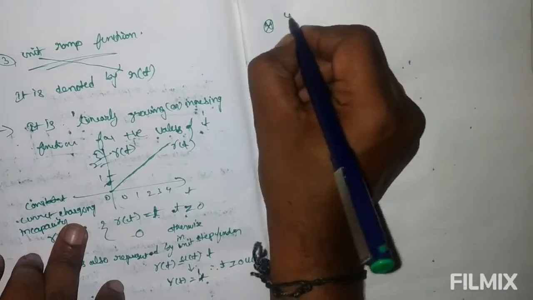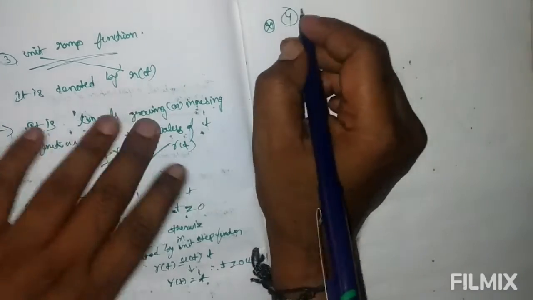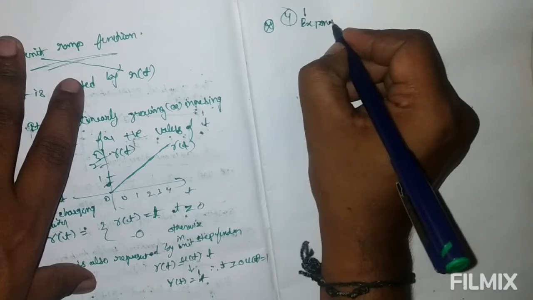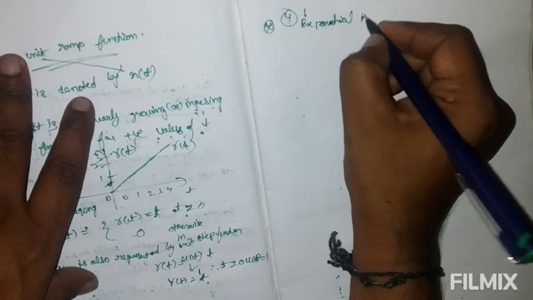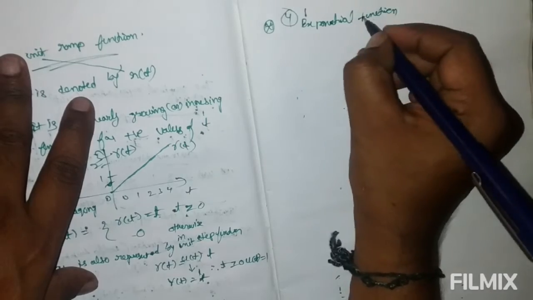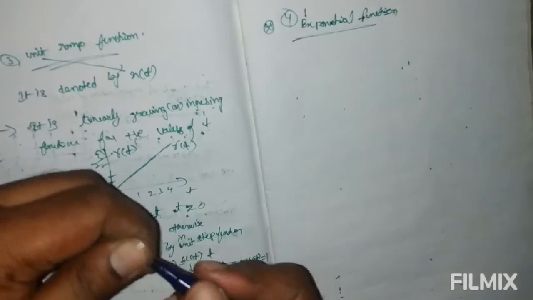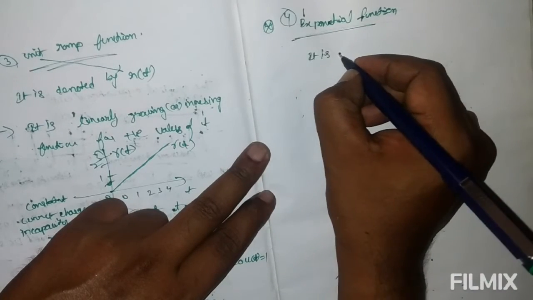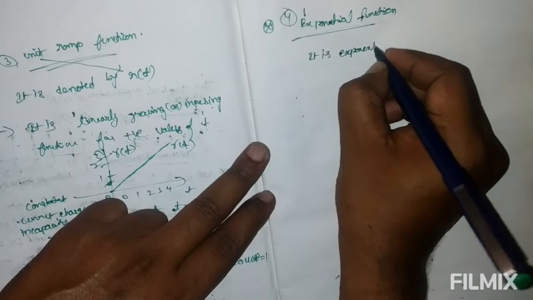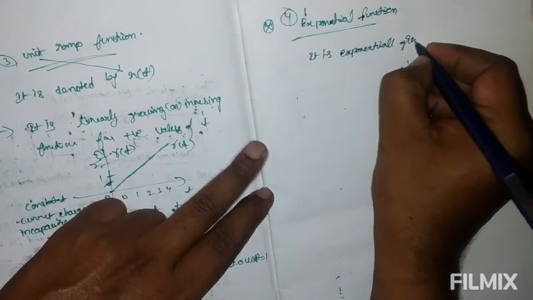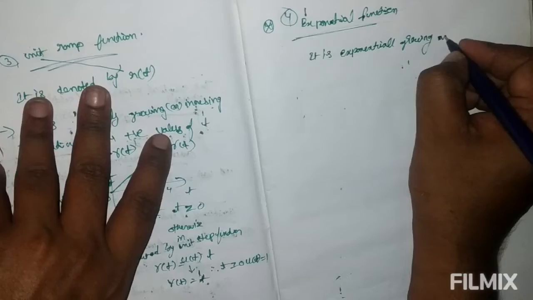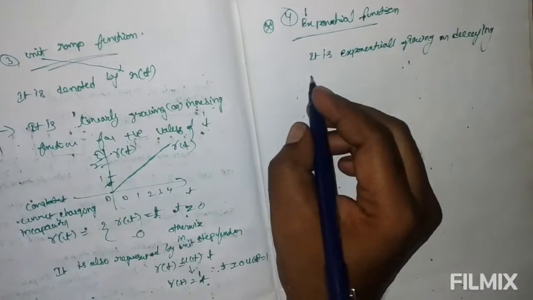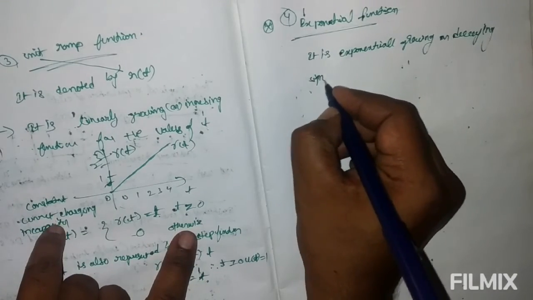Coming to the fourth one, the exponential function. It is an exponentially growing or decaying signal.